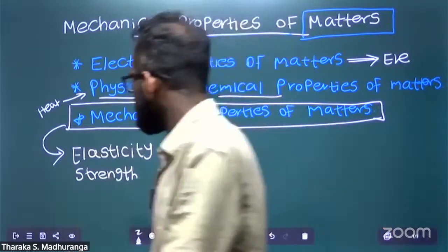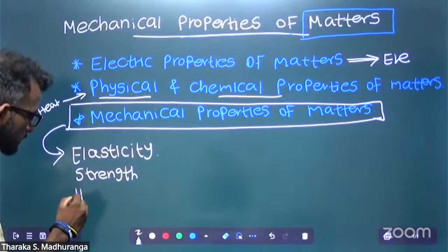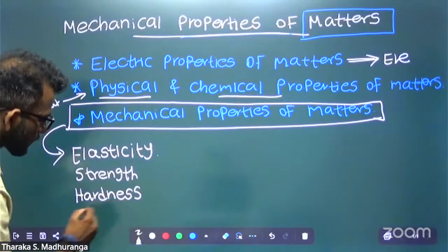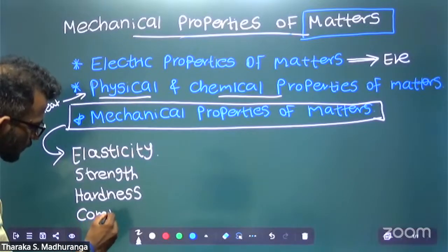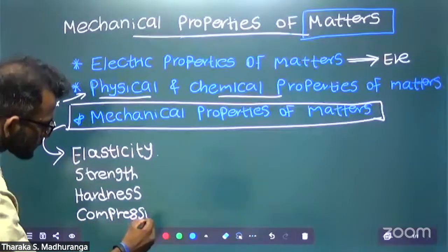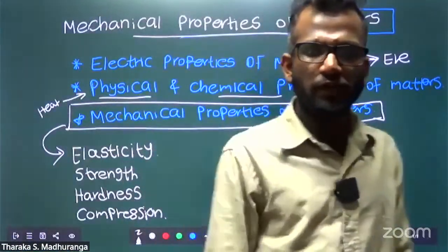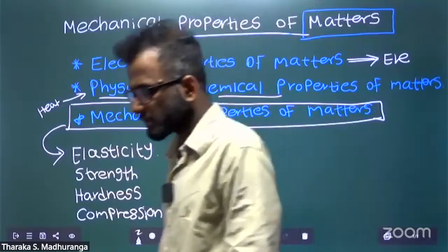Very good. Hardness. Very good. Compression. Very good. Compression. Okay, what are the examples for mechanical properties of matter?